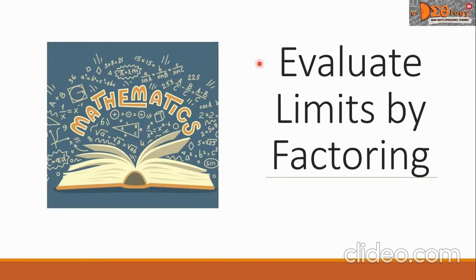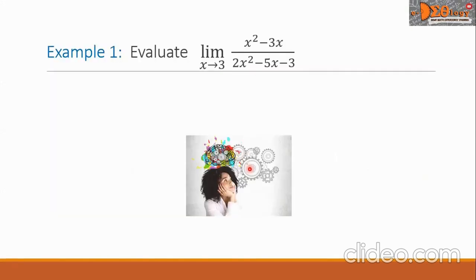Today, we're going to evaluate limits by factoring. Example 1. Evaluate the limit of this rational function x squared minus 3x all over 2x squared minus 5x minus 3 as x approaches 3.